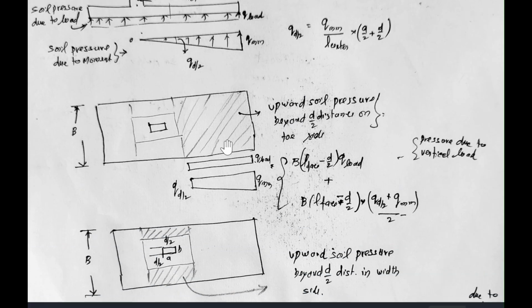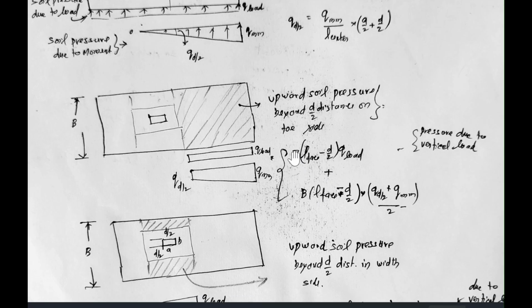So the upward pressure exerted by this area over this section is calculated by this formula. See, B is the total breadth, then the length is L face minus D by 2, into Q load.